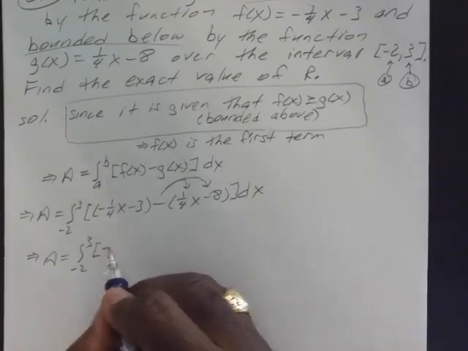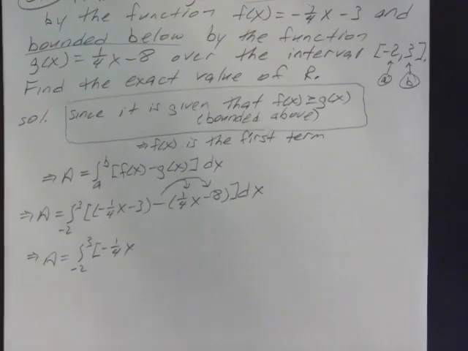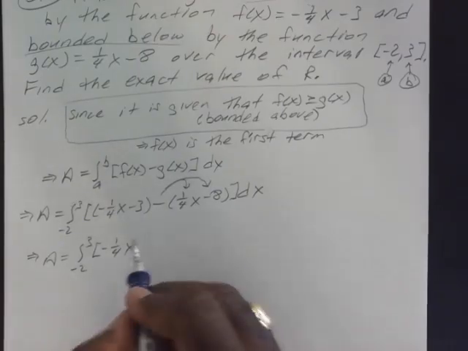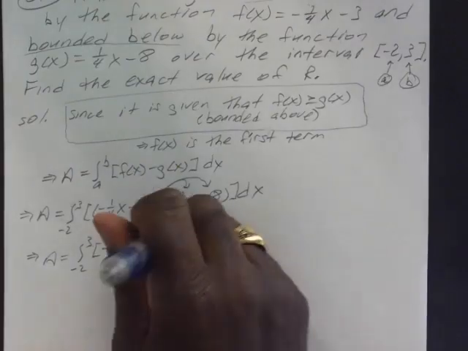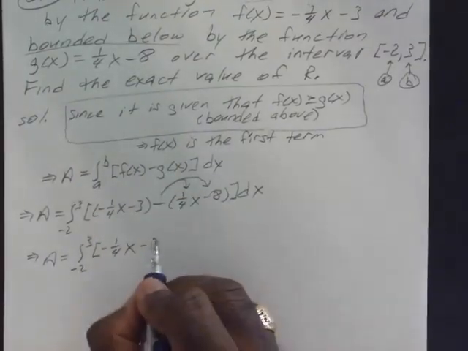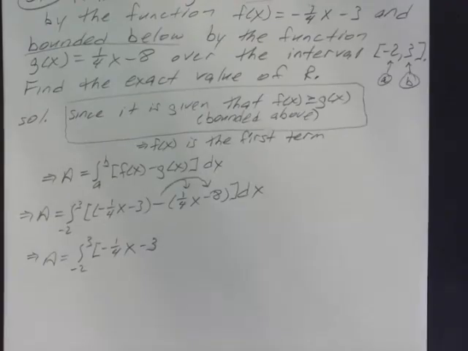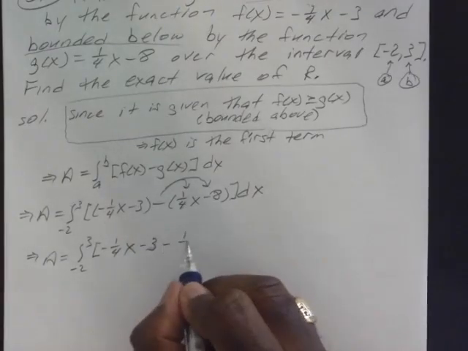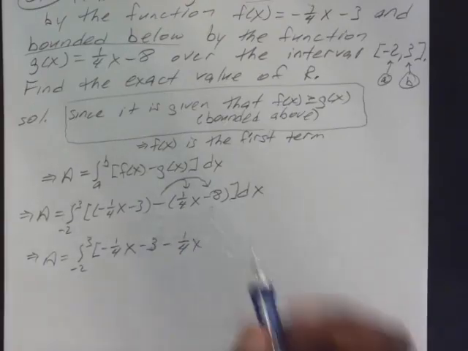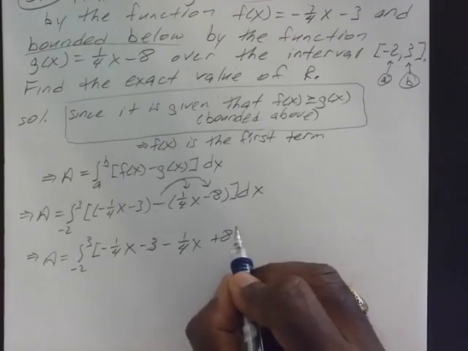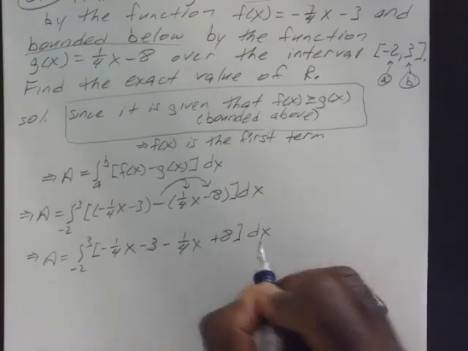That gives us -1/4 x minus 3. -1 times 1/4 x is -1/4 x. -1 times -8, +8 with respect to x.